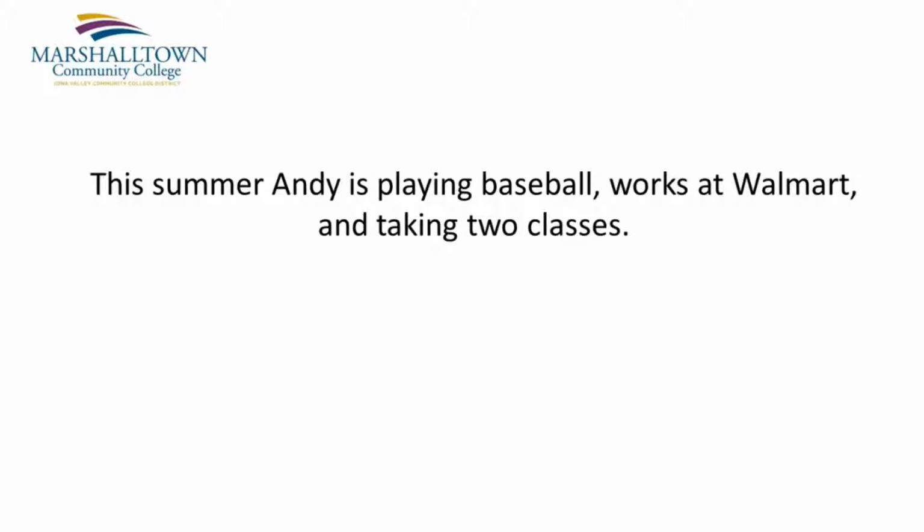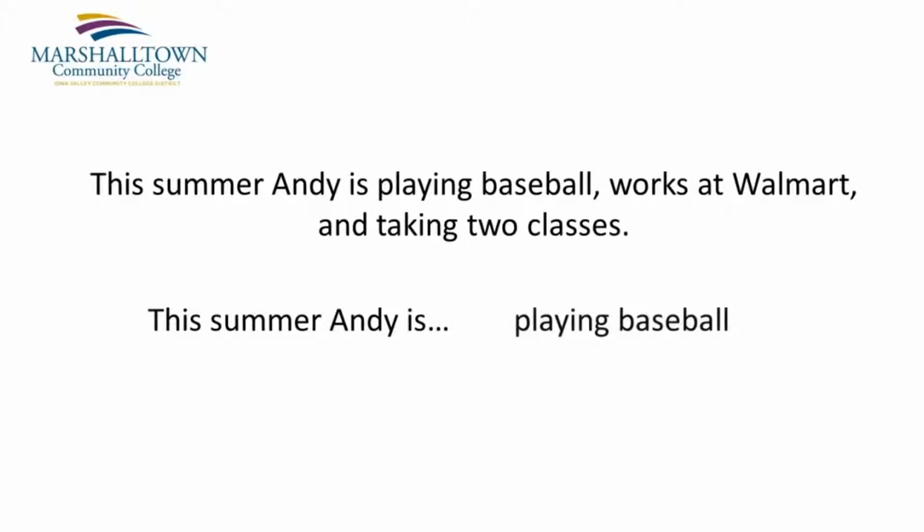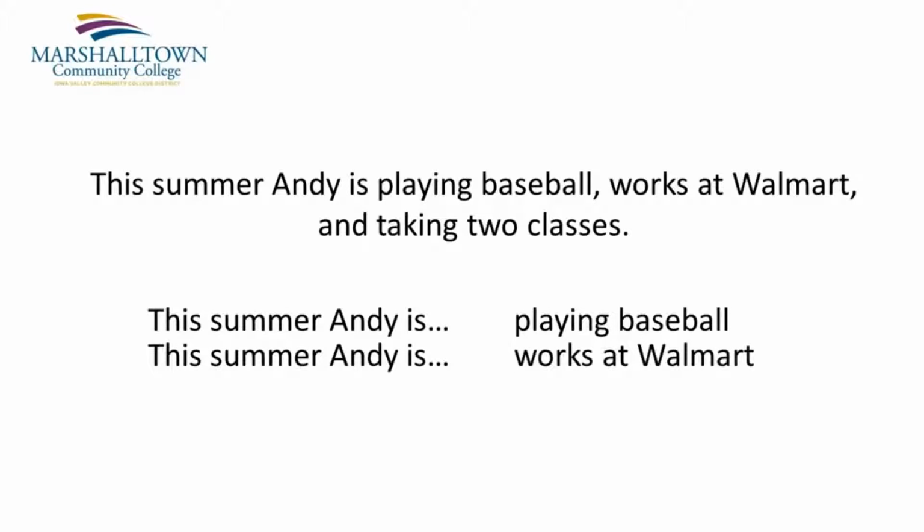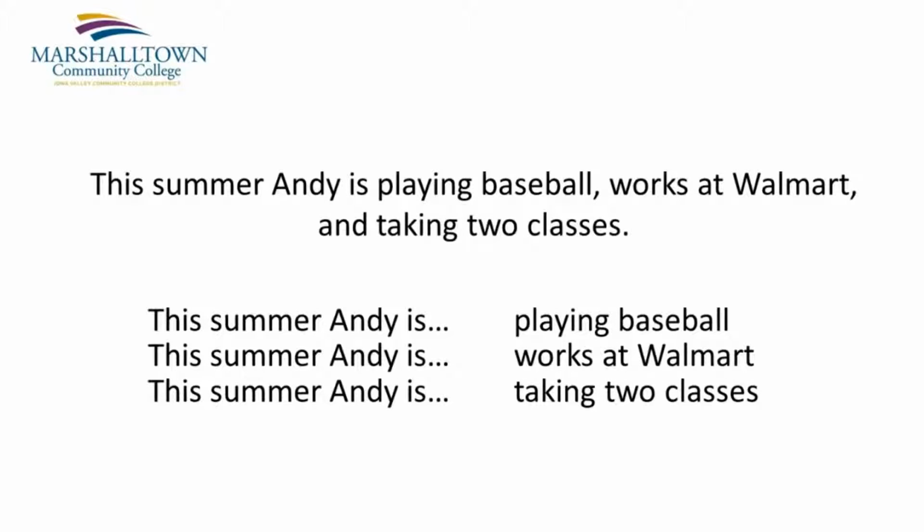Just as we did earlier, let's identify the sentence lead and then pair it up with each item to see how it sounds. This summer Andy is playing baseball. This summer Andy works at Walmart. This summer Andy is taking 2 classes. Notice how the first and last examples sound fine, but the second example, this summer Andy works at Walmart, sounds awkward and broken.